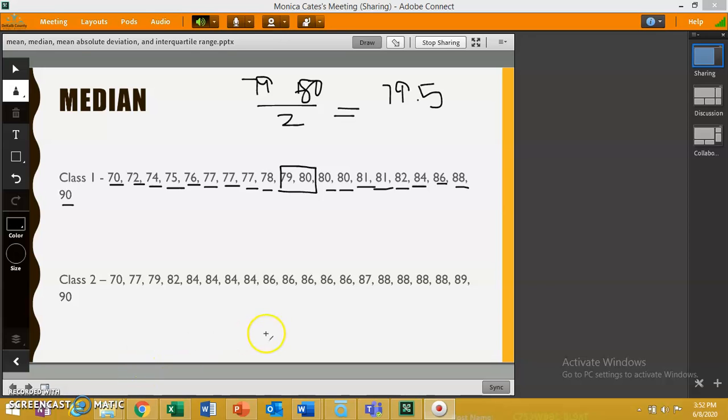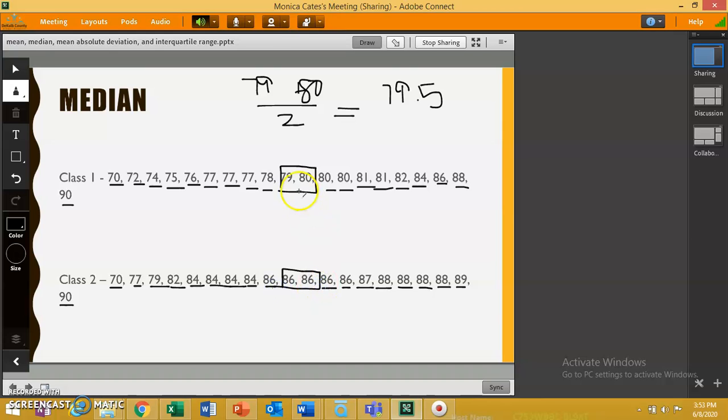All right, so let's do the same thing for class 2. We know it's the exact same method. It's going to be the middle two terms. So 1, 1, 2, 2, 3, 3, 4, 4, 5, 5, 6, 6, 7, 7, 8, 8, 9, 9, and here are my two middle values.